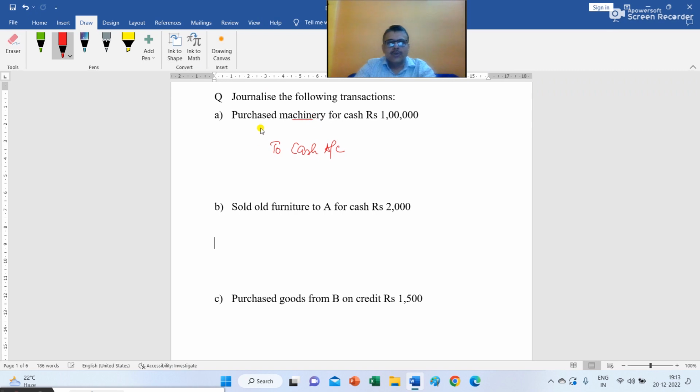Machinery. So you have to debit machinery. So your journal entry is machinery account debit to cash and the amount is for rupees 1 lakh. Now you have to write the narration being machinery purchased.